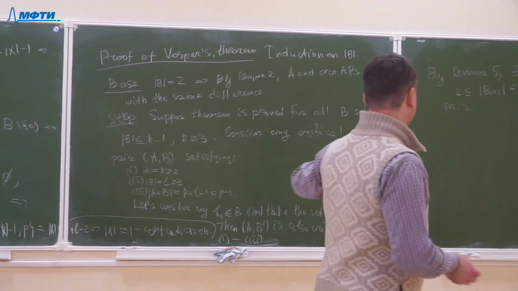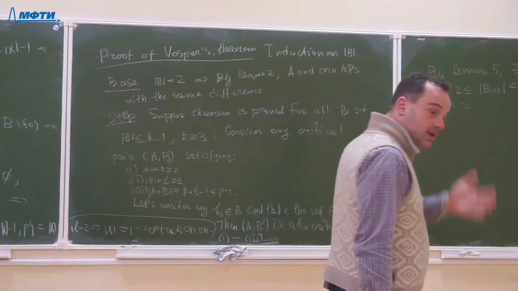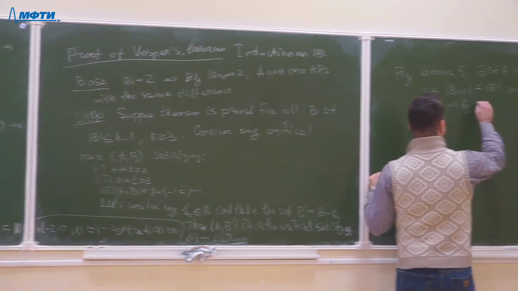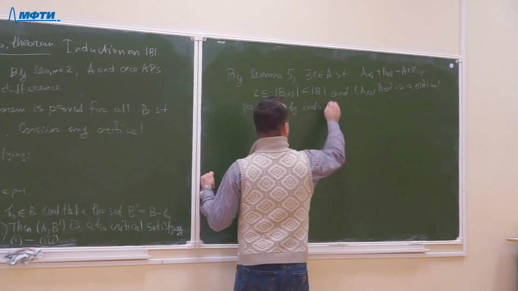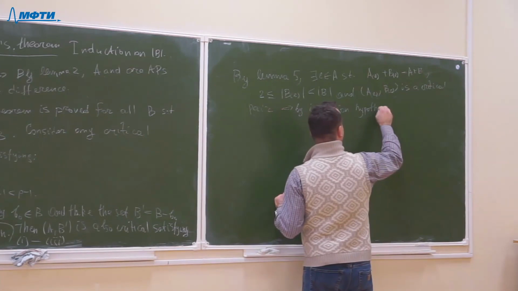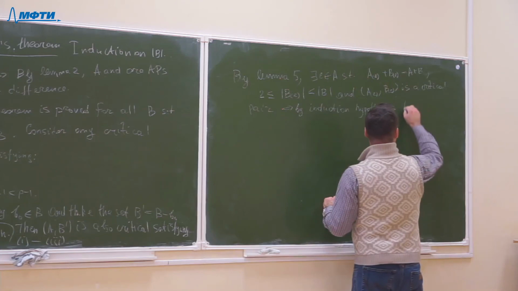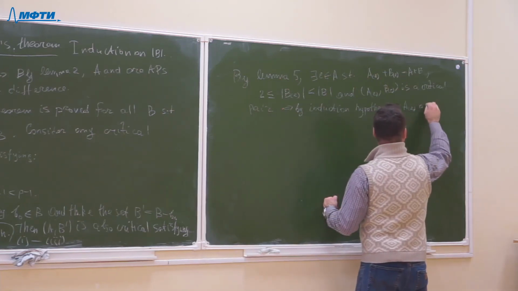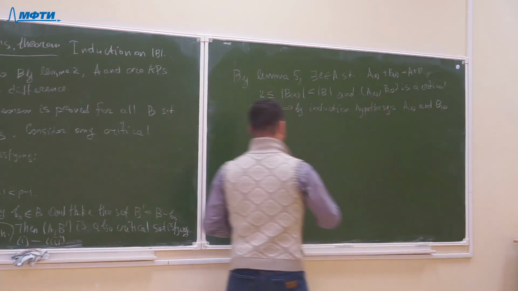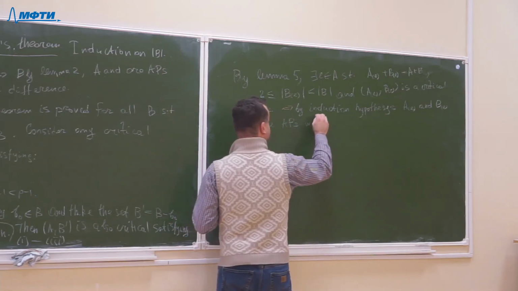So we can use our induction hypothesis. By the induction hypothesis, we have AE and BE are arithmetic progressions with the same difference.